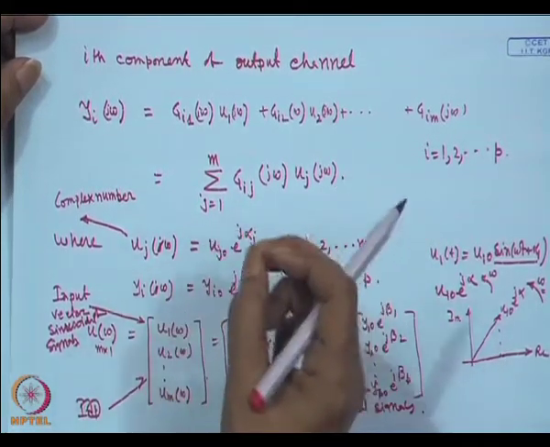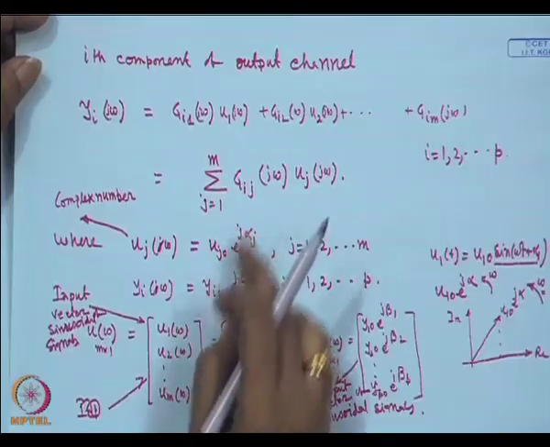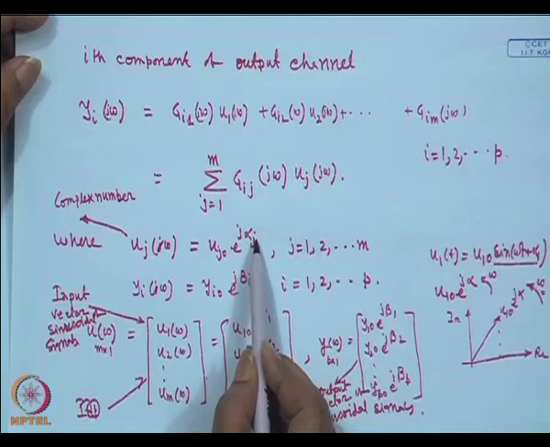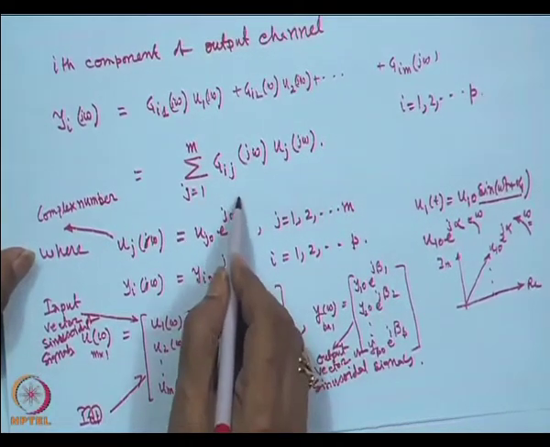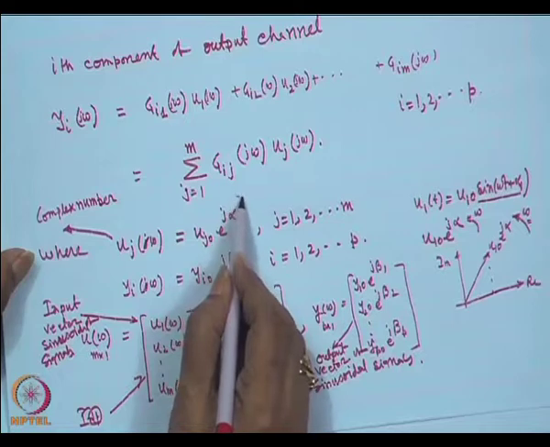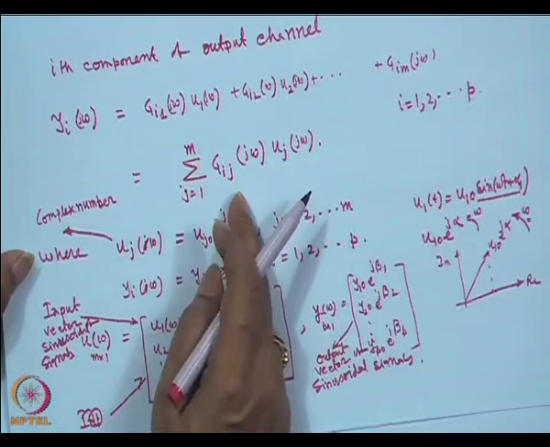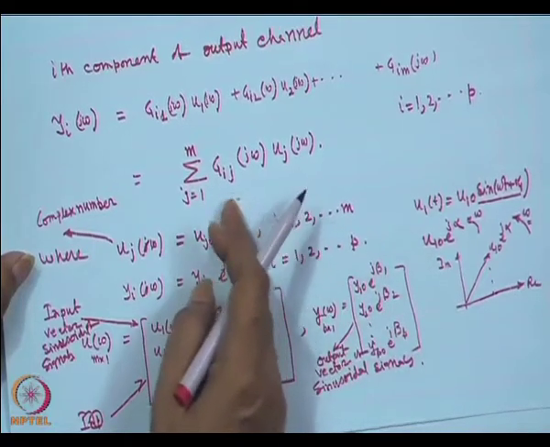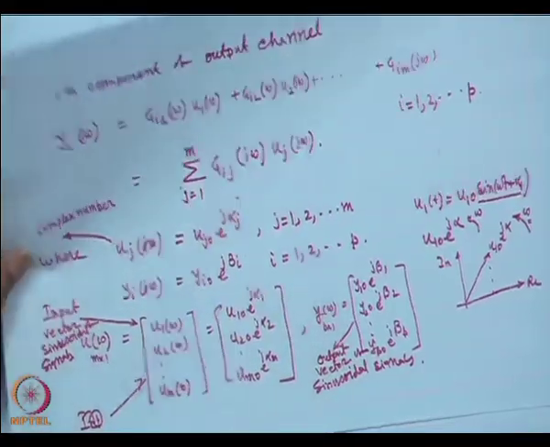Because we are dealing with frequency response, when we change the frequency while keeping the magnitude constant, the vector will depend on the frequency. It is rotating with an angular velocity equal to the frequency. Suppose the supply frequency is omega 1, it will rotate with angular velocity omega 1. If the supply frequency is changed from omega 1 to omega 2, it will rotate with angular velocity omega 2. That is why it is written as a function of omega.